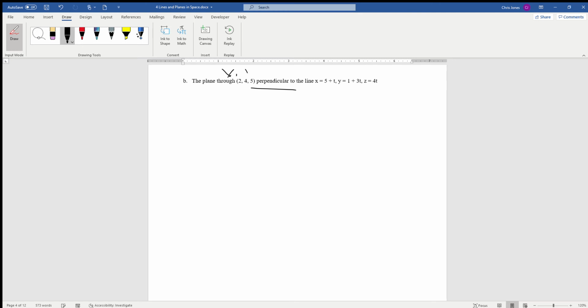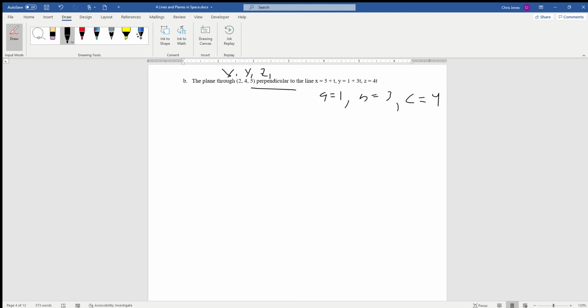And then we know that a, in this case, is going to be the coefficient of t, which is 1. b is the coefficient of t in y, which is 3. And c is the coefficient in front of t, which is going to be 4. All right. Again, that's okay because it's perpendicular to the line. Again, if it wasn't perpendicular, we'd be in a little bit more difficult scenario.